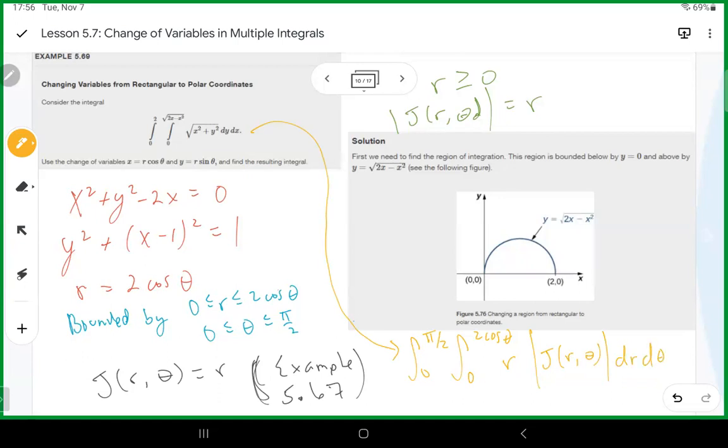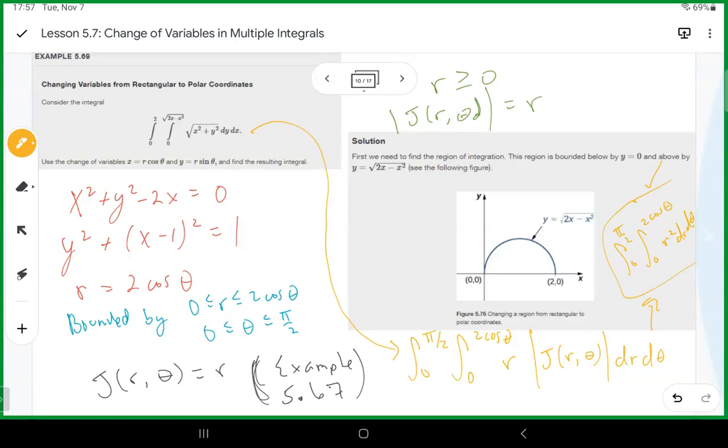So then that's just the integral from 0 to pi over 2, 0 to 2 cosine theta, of r squared dr d theta. And that's it. That's all they want. They just want that answer.